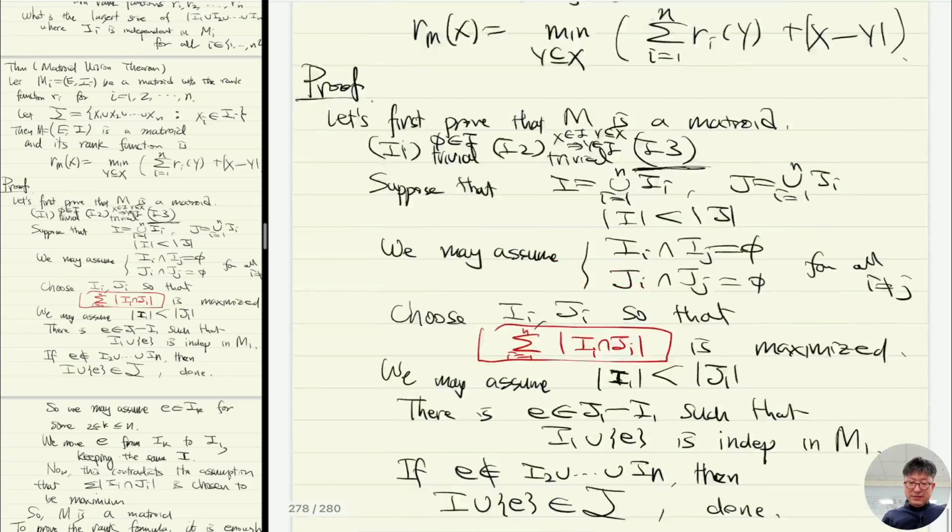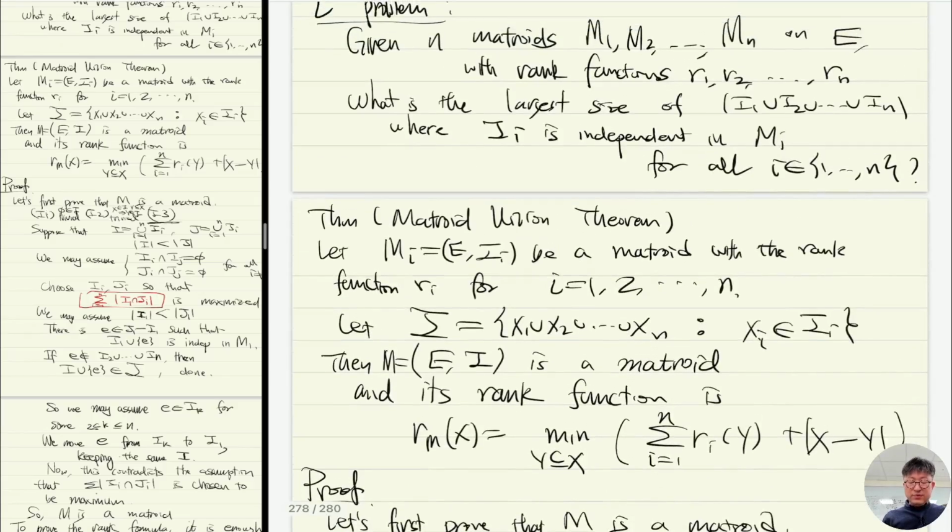So that's the matroid union theorem. If you have n matroids with rank functions R1 to Rn, then the union of these independent sets forms a matroid, and the rank function is given by this formula.